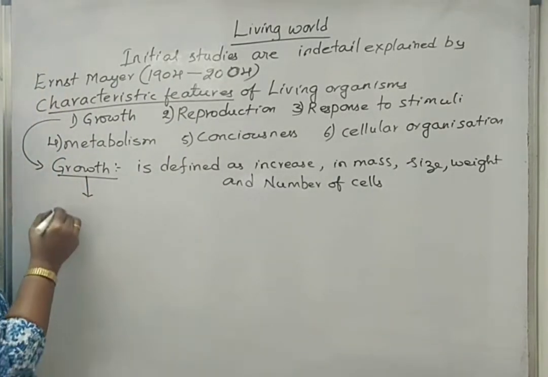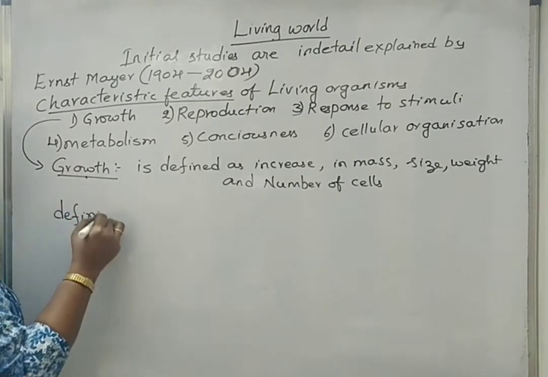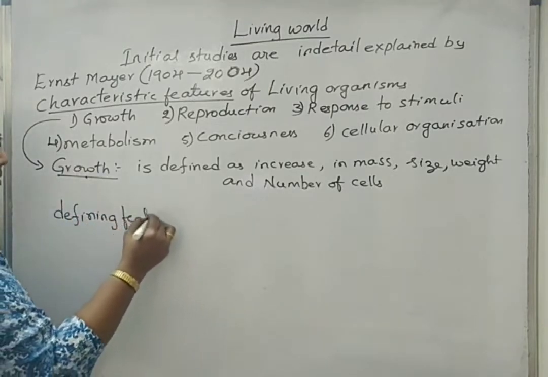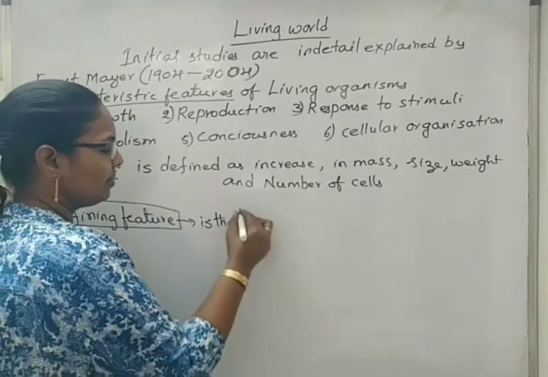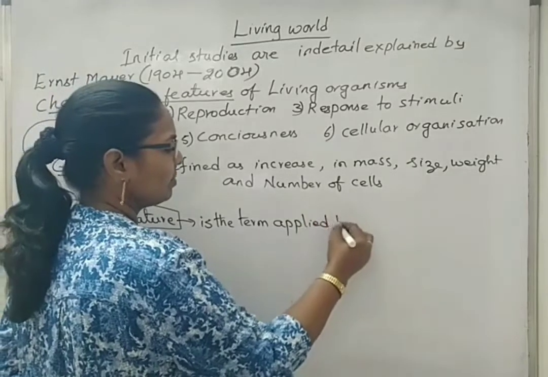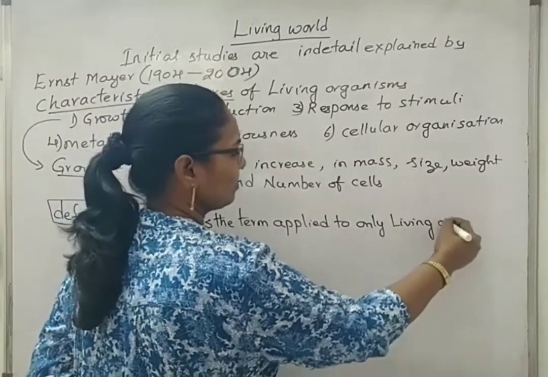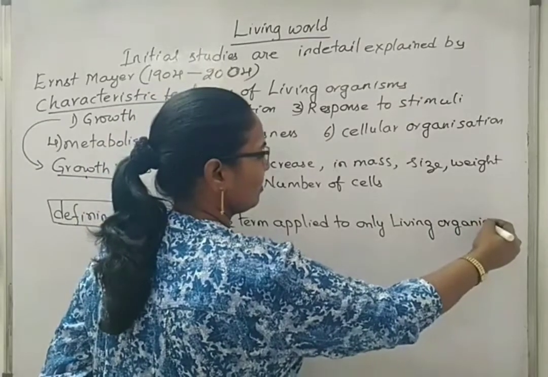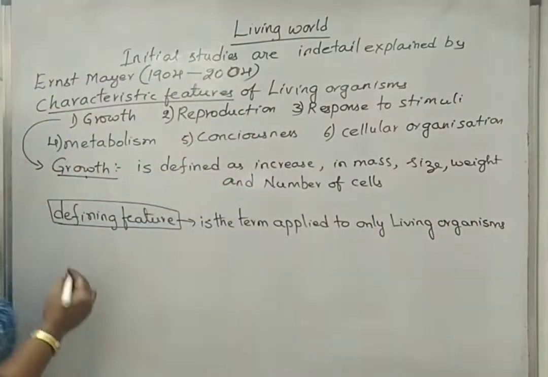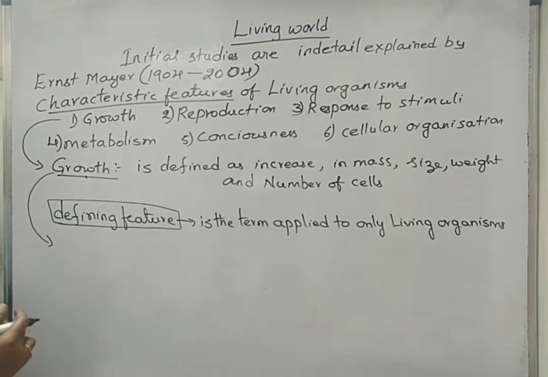There is one term called defining feature, which is the term applied to only living organisms. Now, as we have said, growth is nothing but increase in size, shape, weight, number of cells.